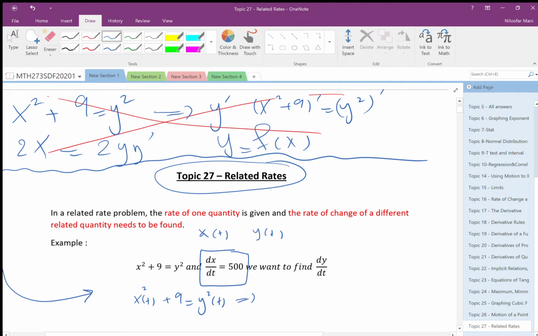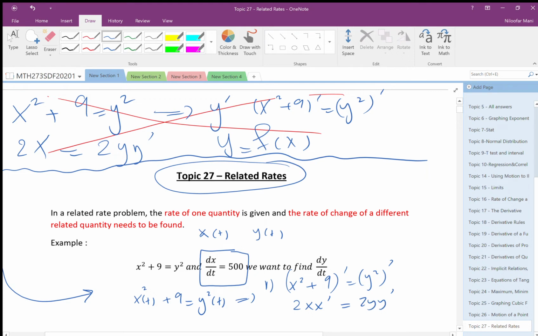So I have to use the same rules for derivative. So I do the derivative of both sides. Okay, so first step, I do the derivative of both sides. So it's x squared plus 9, the derivative equals the derivative of y squared. And this is 2x x prime equal 2y y prime. Remember, here both of them are with respect to t.